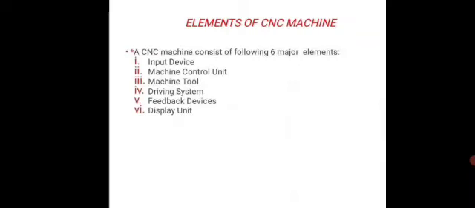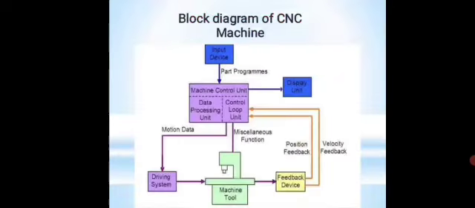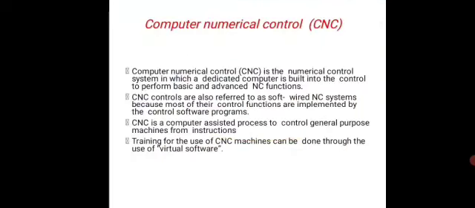A CNC machine consists of the following six major elements: input device, machine control unit, machine tool, driving system, feedback device, display unit. Computer numerical control is the numerical control system in which a dedicated computer system is built into the control to perform the basic and advanced NC functions.